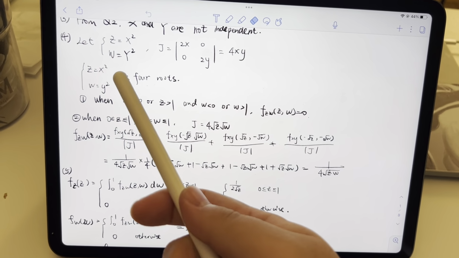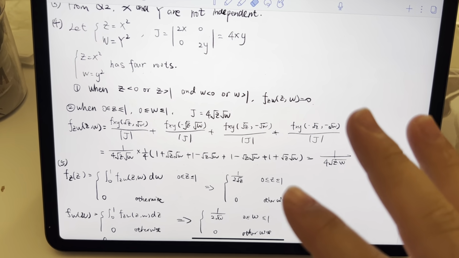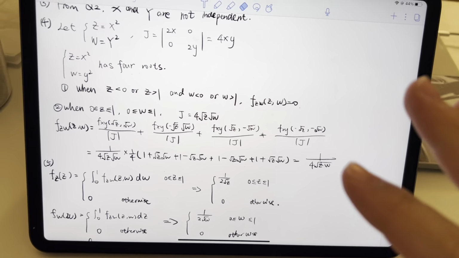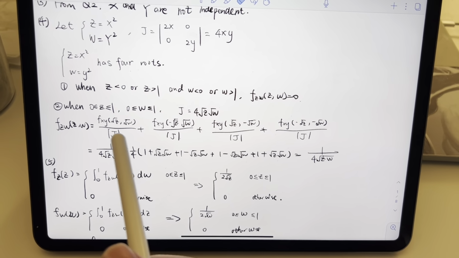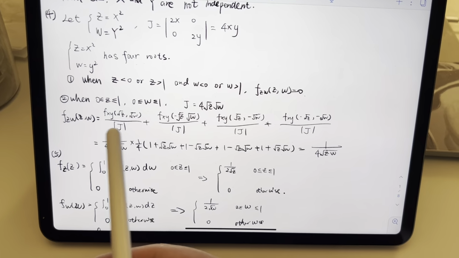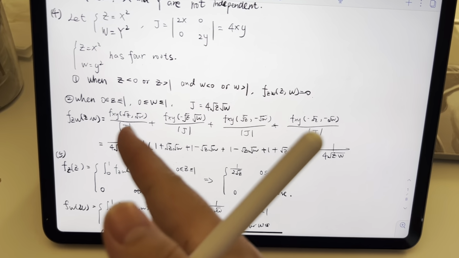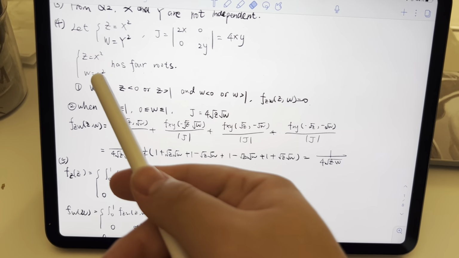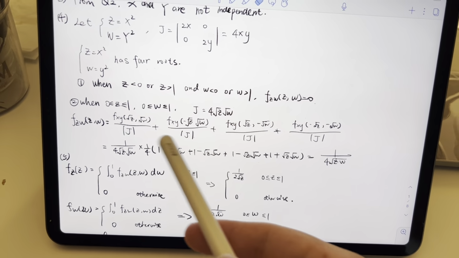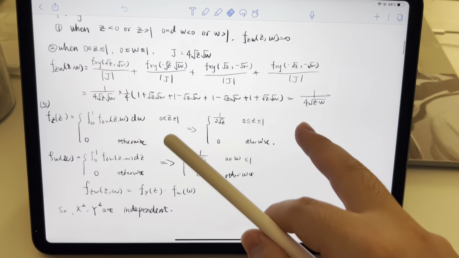Because this could solve four groups of answers for the value of x and y, this equation is formed by 4 different parts, and then we solve it and put the value of x and y in terms of z and w, and then we got the answer.